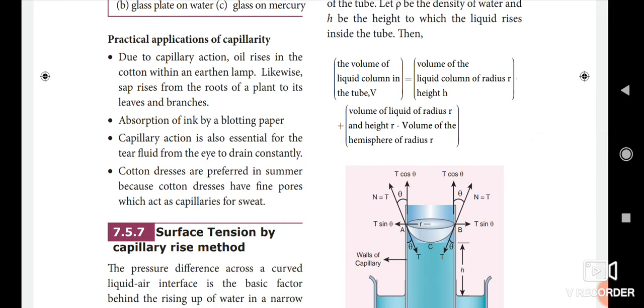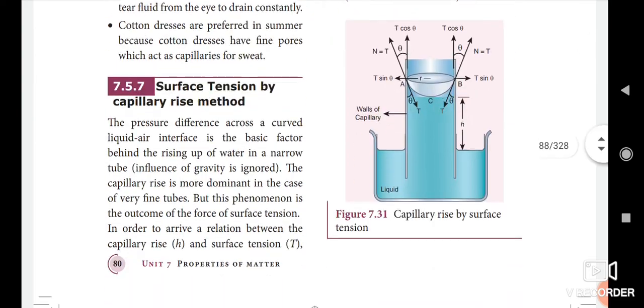Don't confuse here. In the first one, the volume of the liquid column is of radius r, height h. In the second one, the volume of the liquid is of radius r and height also r, minus the volume of the hemisphere of radius r.